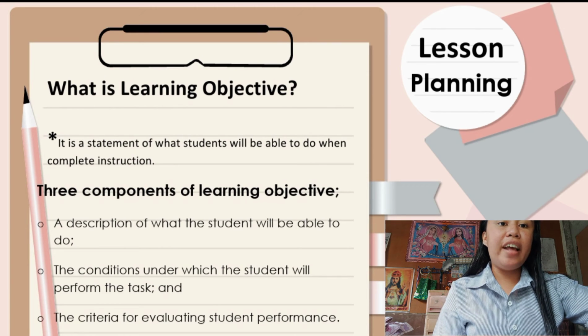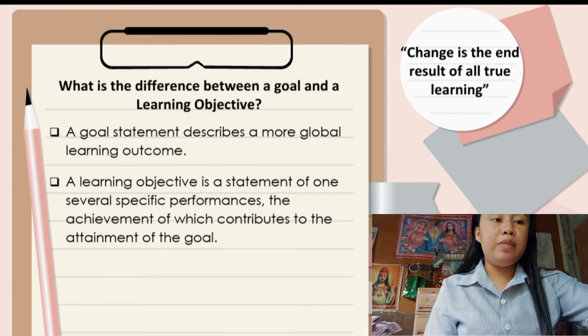Next, what is the difference between a goal and a learning objective? A goal is a statement describing a more global learning outcome, while a learning objective is a statement of one of several specific performances, the achievement of which contributes to attainment of the goal.